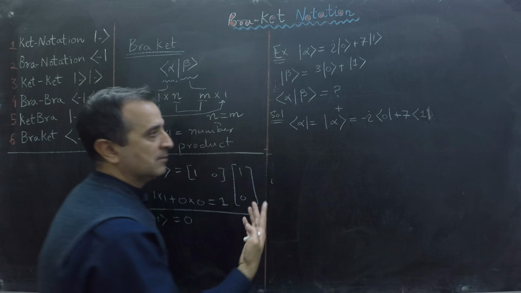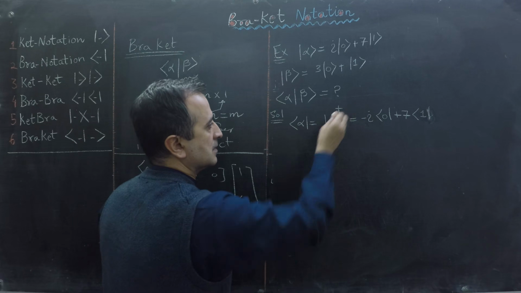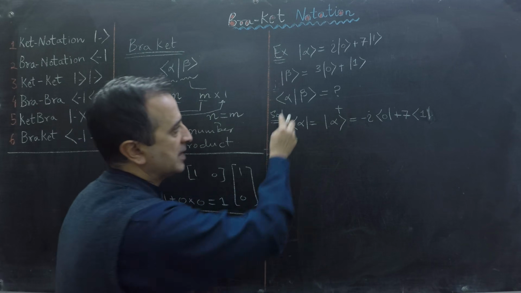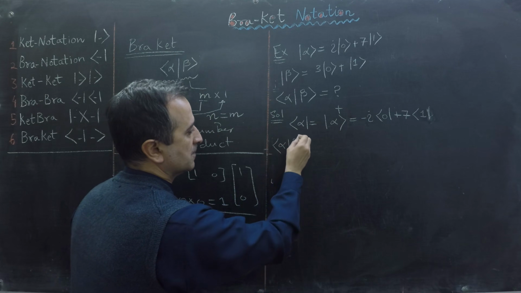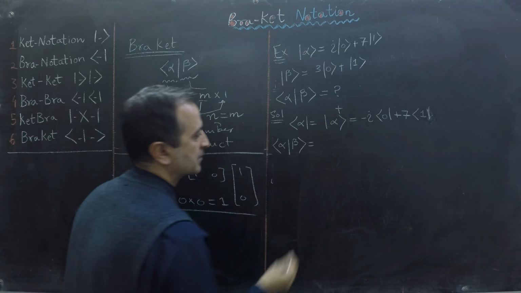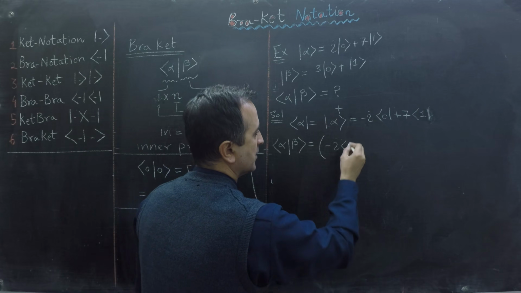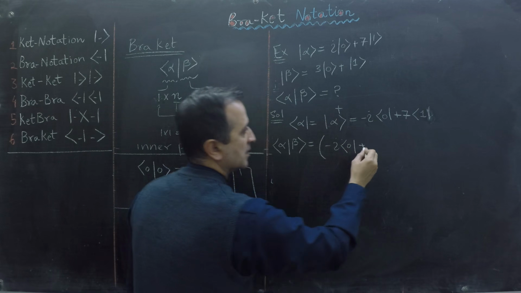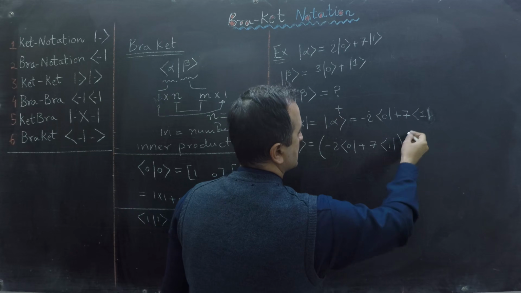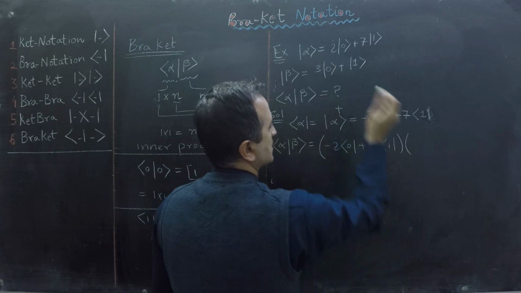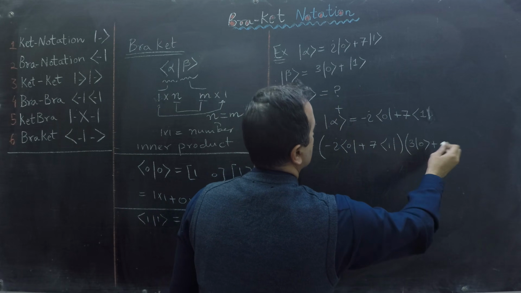This is basically taking the conjugate transpose. Now I can write my inner product first as minus iota bra 0 plus 7 bra 1 times 3 ket 0 plus ket 1.